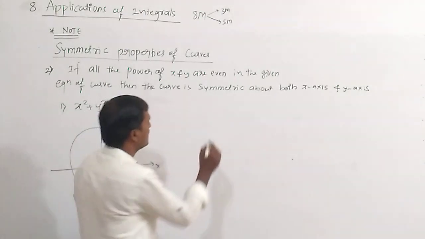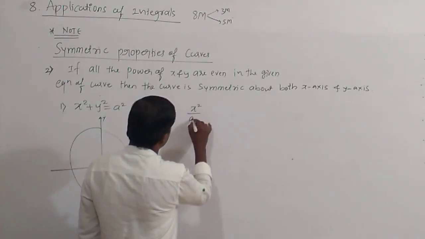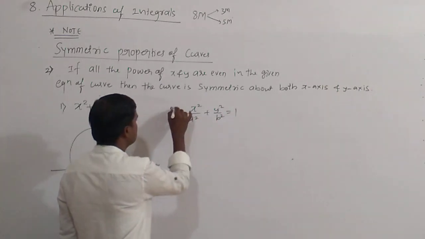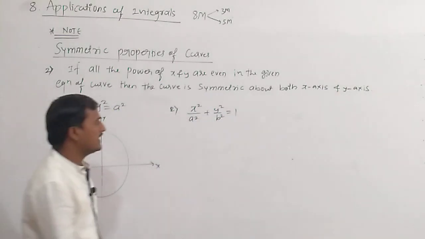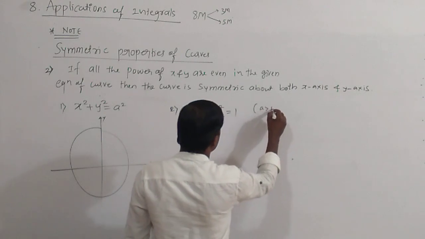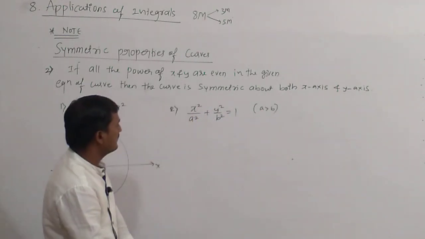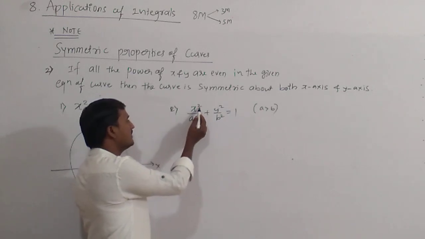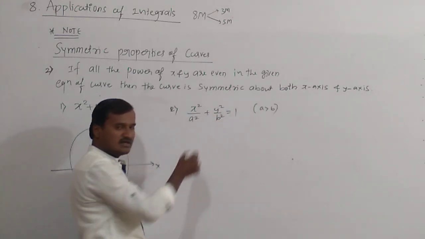And I have one more example, x square by a square plus y square by b square is equal to 1. What does it represent? It represents the equation of an ellipse with a more than b. Here you should observe the equation: in this equation of a curve, the power of x is even and y is also even.